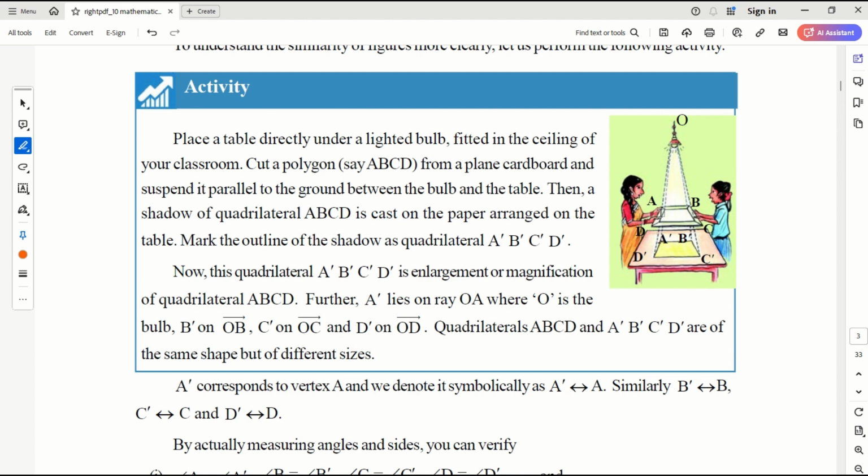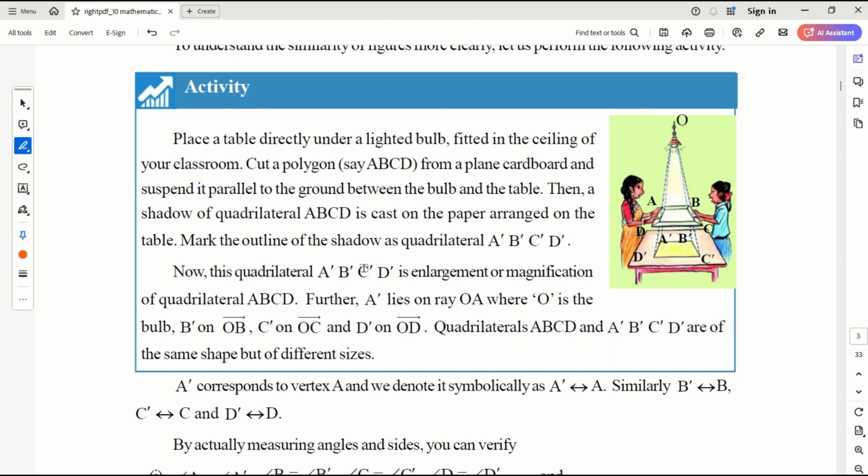Now you see the shade formed on the table. Mark the corners of the rectangular shade and call them A dash, B dash, C dash, D dash. The actual cardboard is ABCD, so the corresponding points you mark as A dash, B dash, C dash, D dash.